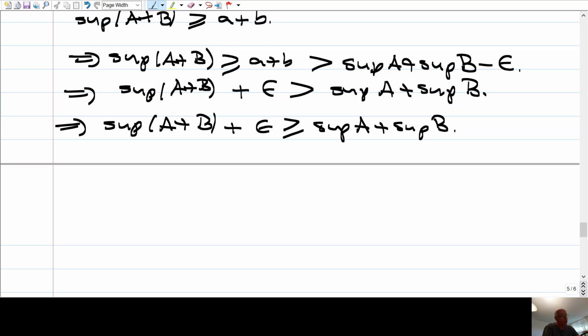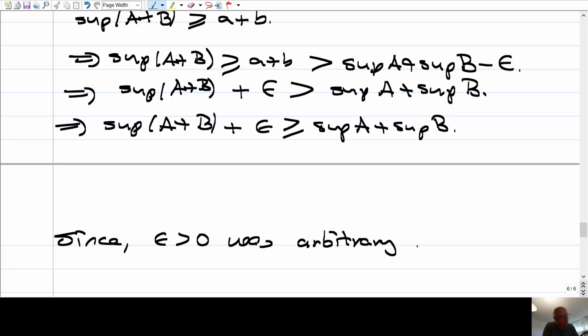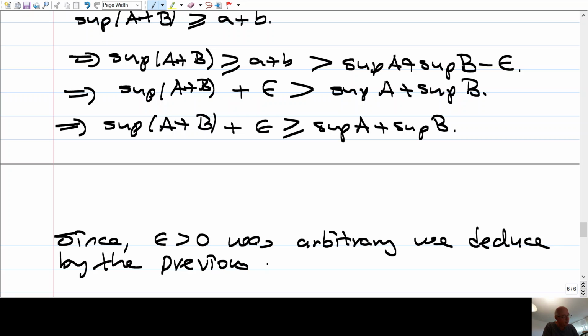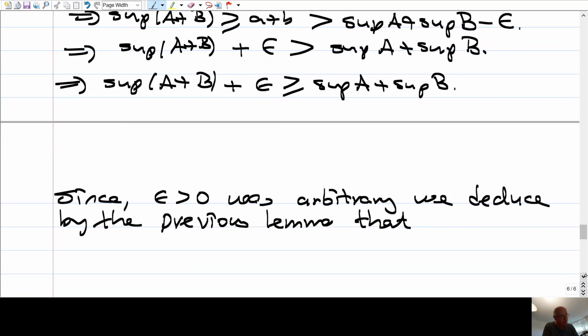But this is true for all epsilon, right? So I will finish this as follows. Since epsilon positive was arbitrary, we deduce by the previous lemma that, what do we see here?